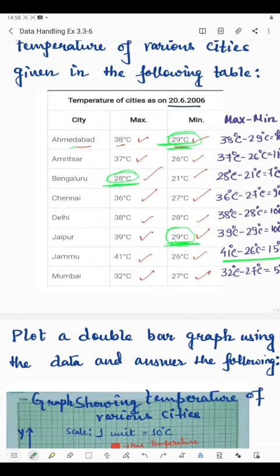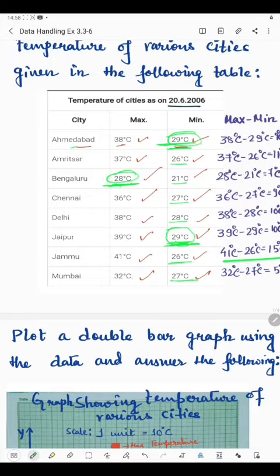Okay, now if you compare with any other cities other than Ahmedabad and Jaipur, we can see that here Amritsar's minimum temperature is 20 degrees Celsius, which is less than 28. Here also it is less than 28, 27 also less than 28. Here it's equal. Here the minimum temperature in Jammu is also less than the maximum temperature in Bangalore, and here also it is less.